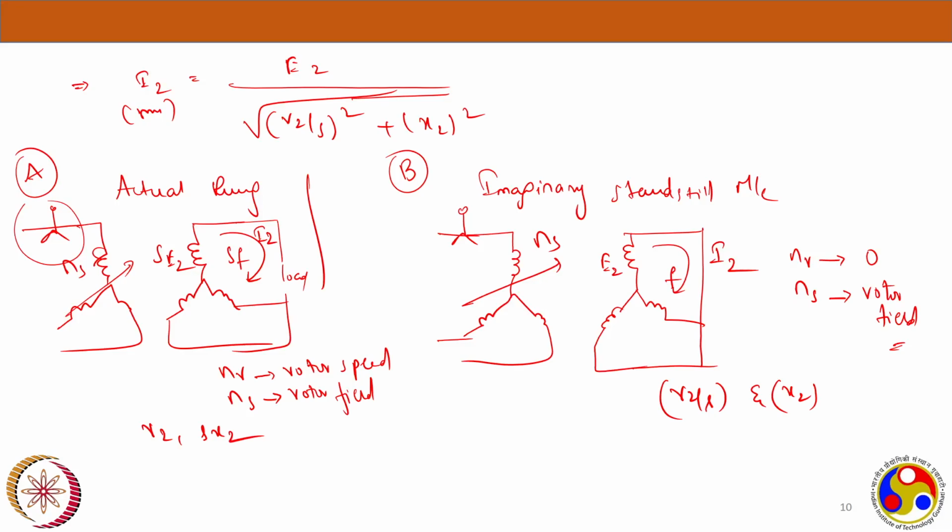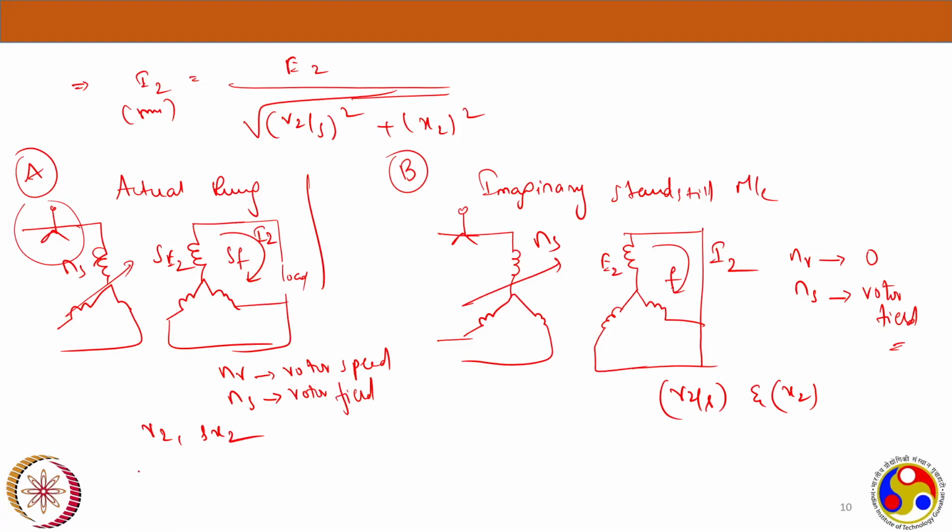So why did we start this discussion? The main question was how we can directly connect the primary and secondary if we have slip in the picture. We are solving that question by taking an imaginary motor with a resistance of R2 by S in a standstill condition. Now in both cases, I2 remains the same and the power factor remains the same.